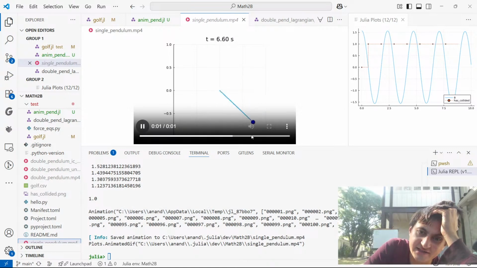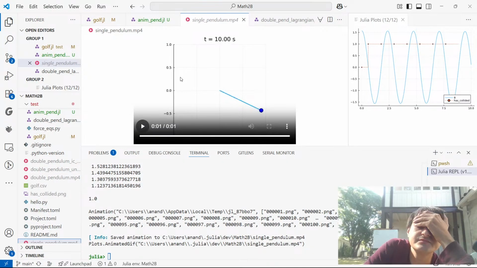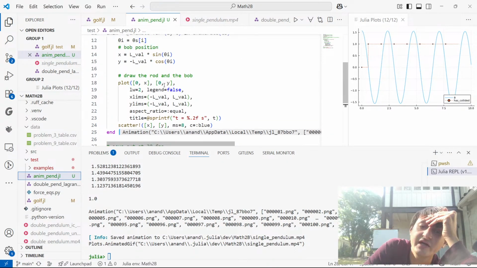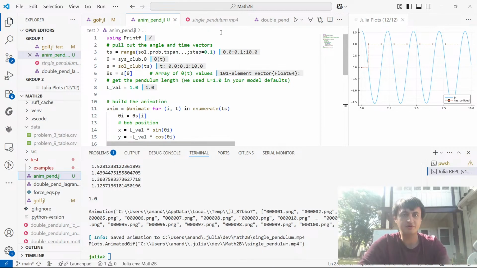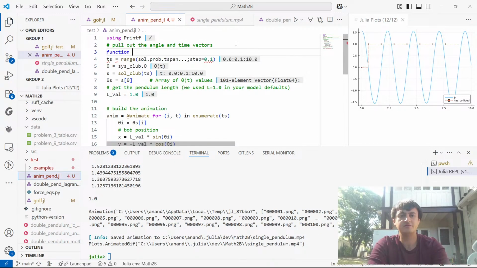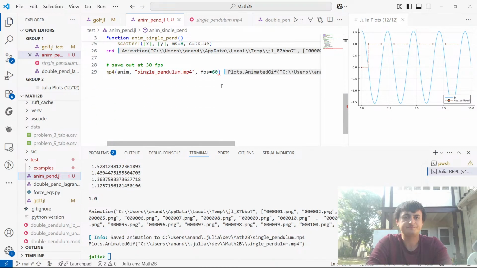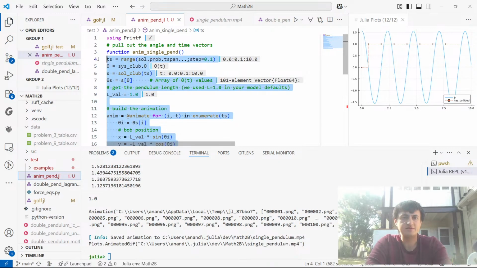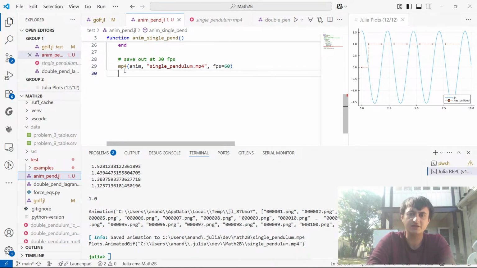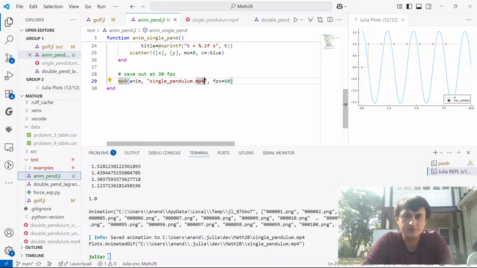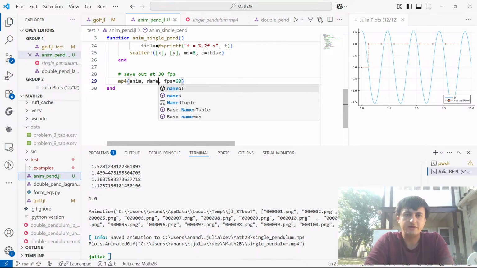Right, so in this instance, okay, so let me just, sorry, let's just put a function here. Function anim single pend. All right. And then we just have it take a, we could make this a good function, but we're not going to. I'm just going to give it a name.